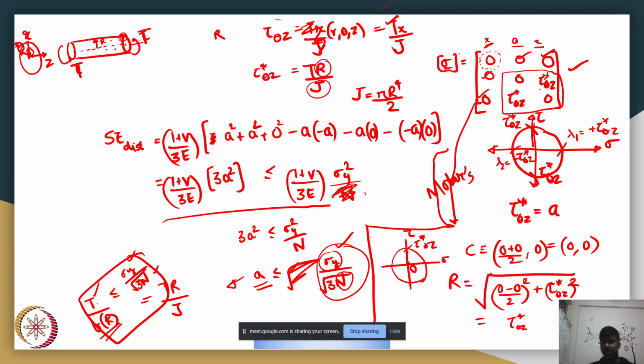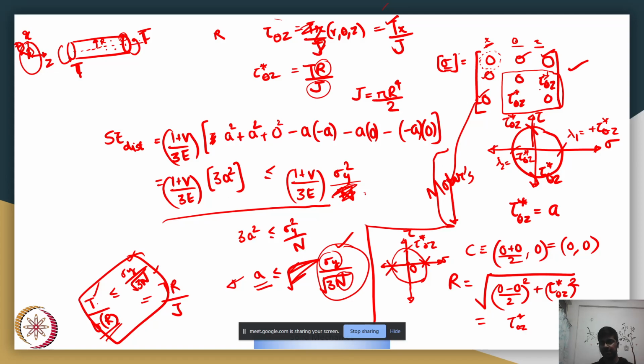This is our Mohr circle, and as we also discussed, wherever the circle intersects the x-axis, your shear stress will be 0. At these 2 points, your shear stress would be 0.